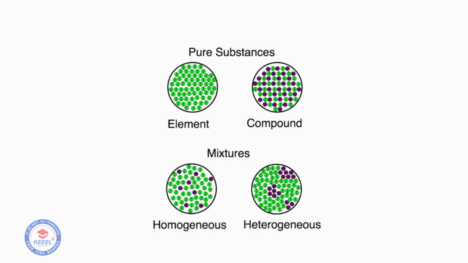Let's compare these three: element, compound, and mixture. What is it made of? One type of atom; two or more elements; two or more substances. Can it be broken? No; yes, chemically; yes, easily.